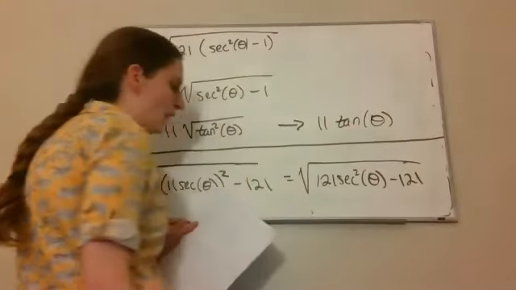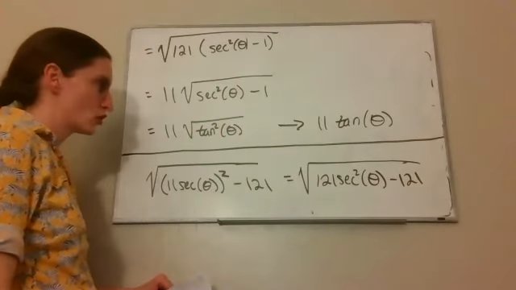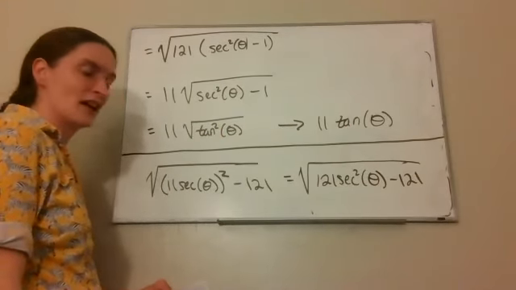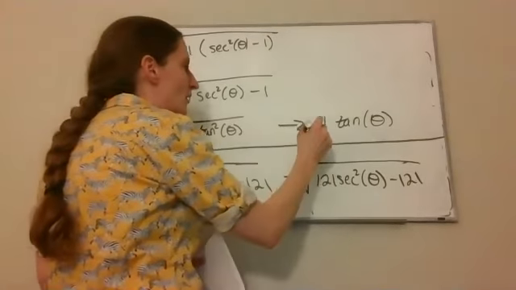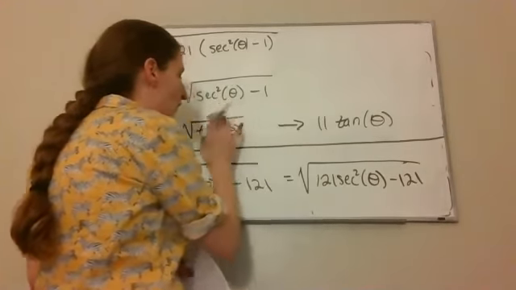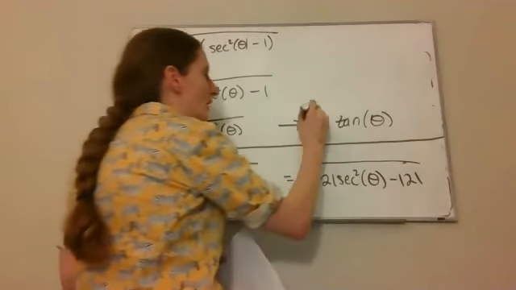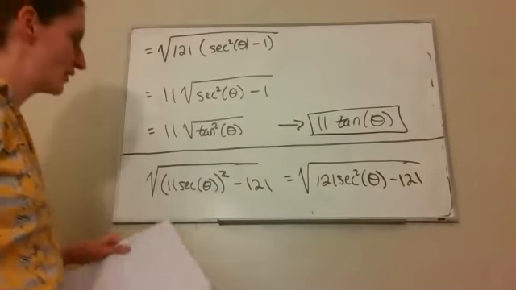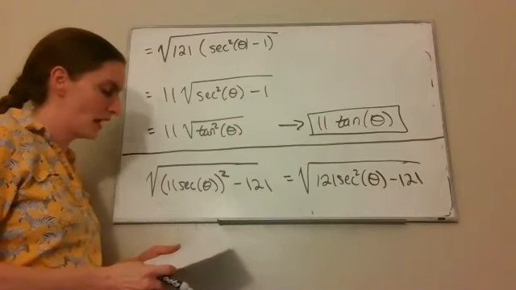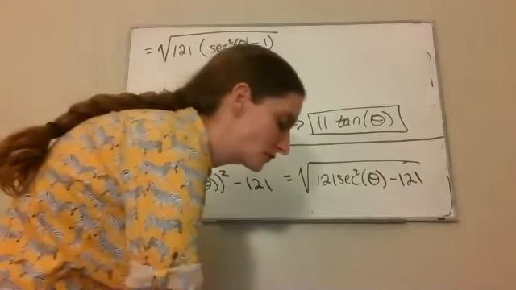Notice they told us theta was between 0 and pi over 2. Tangent of theta is going to be positive in that area, so I don't need to worry about the plus or minus or the absolute values that I get with squaring and square roots. So I just get 11 tangent of theta as that simplified version.